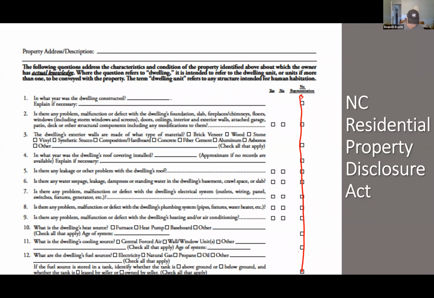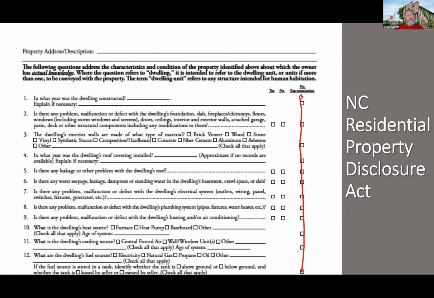So what if you purchased a home from an estate where the original owner is deceased, and most of this information or all of it was no representation. If you go to sell the home, say 10 years later, how would you respond to these questions as the seller?